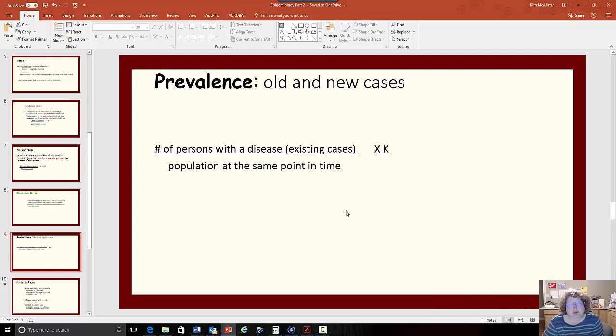Prevalence is very important for people with chronic diseases. Because they look at all the people who have the disease at a particular time, they tell us a lot about illnesses that begin and then have a long duration.